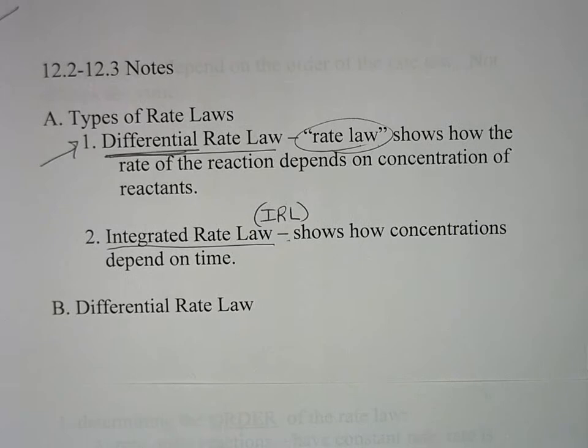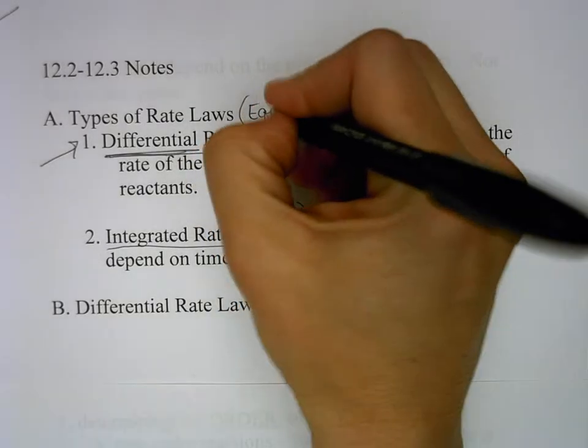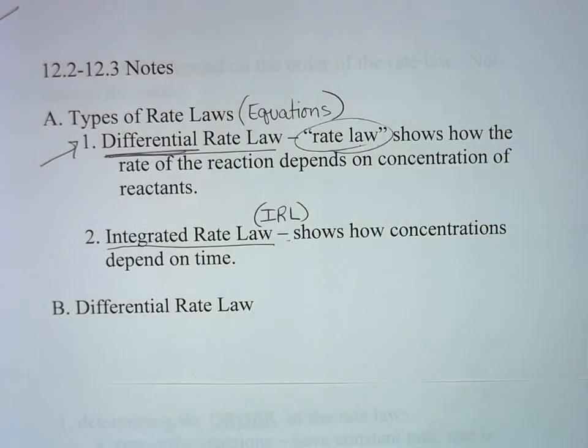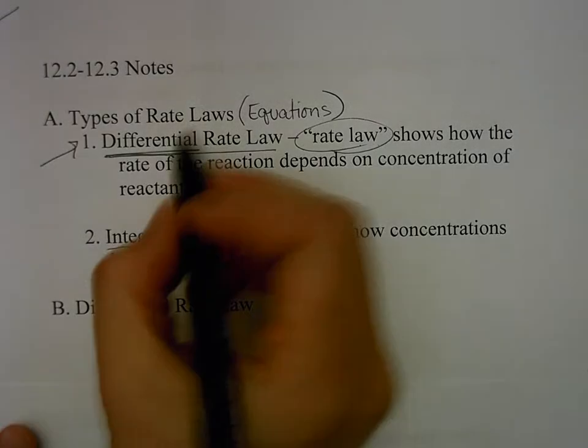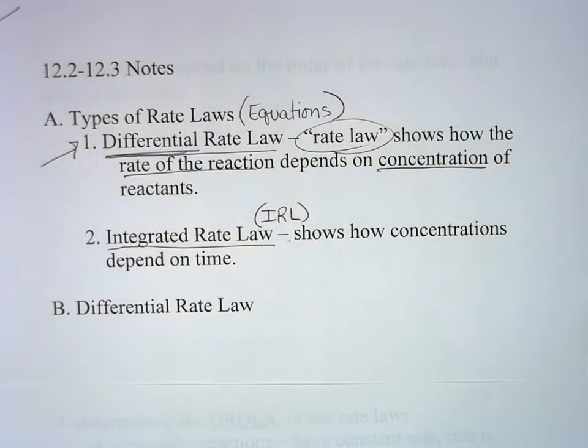So that's why. Now, these different rate laws are basically equations, like I said, that show how reactions depend on things like concentrations, time, and reaction rate. Depending on which rate law we're doing, it shows a different relationship. The differential rate law shows how the rate of the reaction depends on the concentration of reactants.